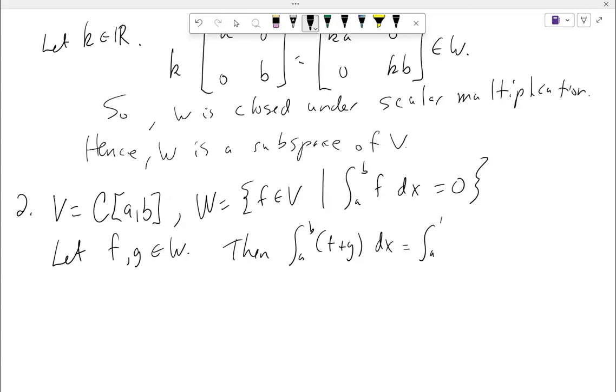Good, yep. And this is why I was just making a big deal about knowing that f and g are in W, right? Since f is in W, what is that first integral equal to? 0. Since g is in W, what's that second integral equal to? 0. And 0 plus 0, still 0.